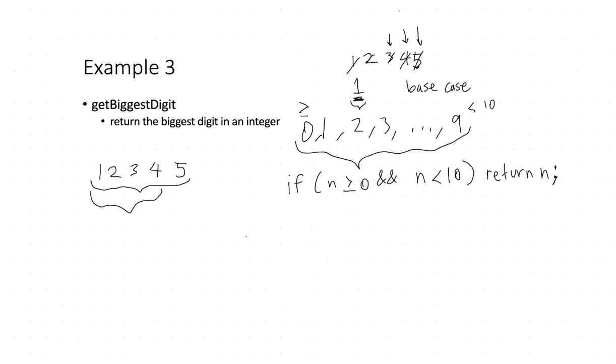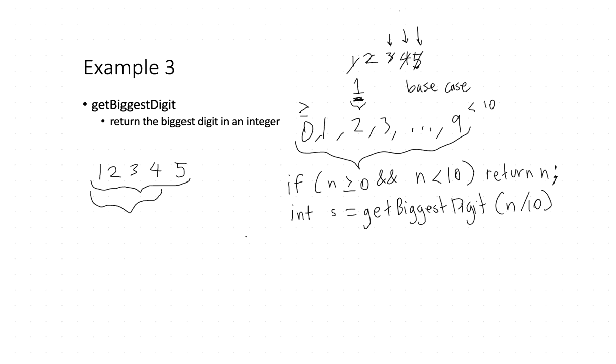So if you're not at the base case, what you want to do now is get the biggest digit in the smaller version of the problem. So I'm just going to name that S, and I set that equal to get biggest digit of n divided by 10.